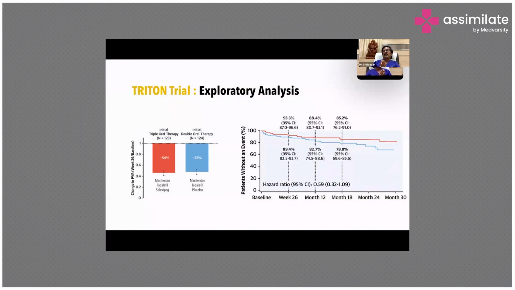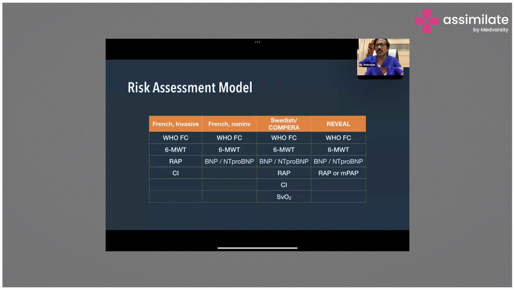So maybe in the future we may have more data that triple therapy may have better outcomes. So at least in high-risk patients, sometimes we may have to choose to start them on 3 drugs. And in your follow-up, you have to make some risk assessment model, or even in the initial visit.